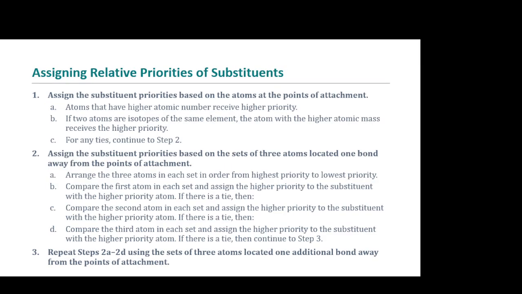Okay, so how are we going to assign these substituents priority? Well, we're going to do that based on the atoms at the point of attachment. So the atoms that have a higher atomic number are going to receive a higher priority. If two atoms are isotopes of the same element, the atom with the higher atomic mass receives the higher priority. So say we had a carbon-12 and a carbon-13, which one would have higher priority?